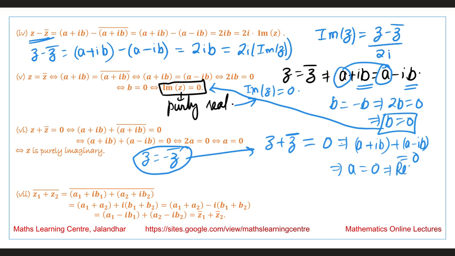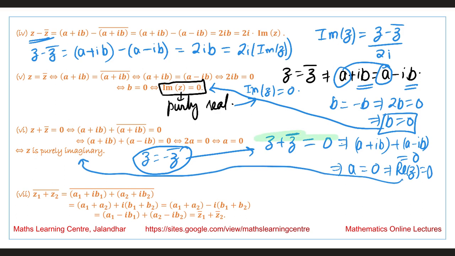This means the real part of z is 0, so the number is purely imaginary. So the condition for the number to be purely imaginary is z plus z bar is 0, and if z is equal to z bar, then the number is purely real.